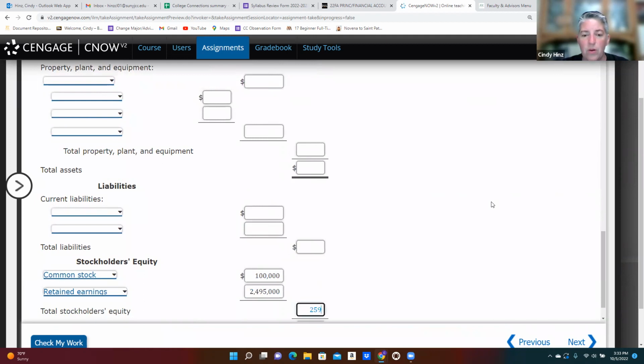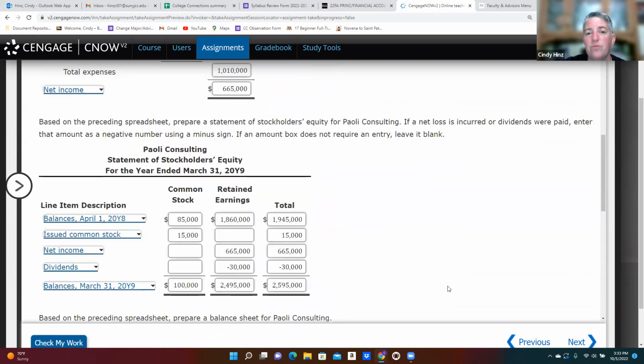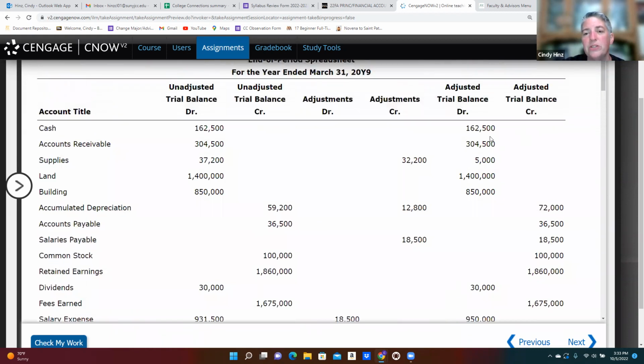And we can total those. We already know the total from the statement of stockholders' equity. Putting those in now might save us a little bit of heartache later, because it's really easy when you are creating the balance sheet from a trial balance to just start going down the list, entering, and then, oh, guess what?